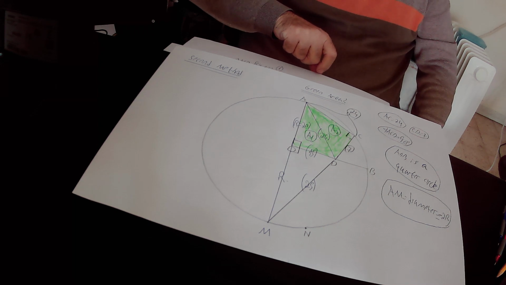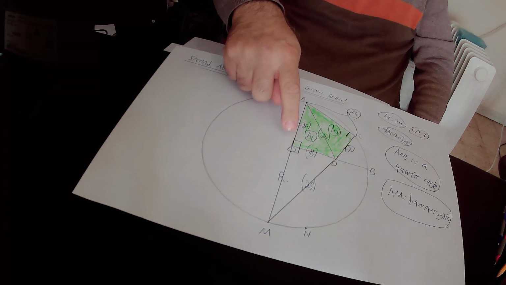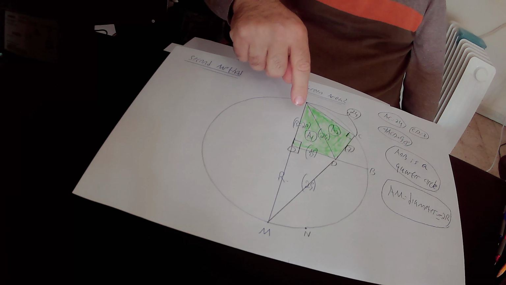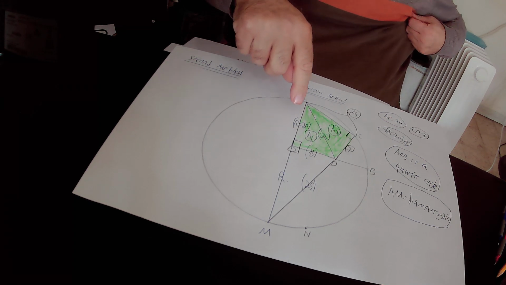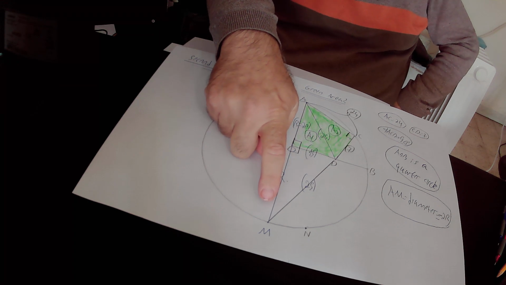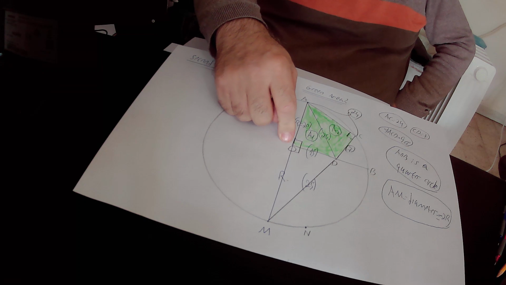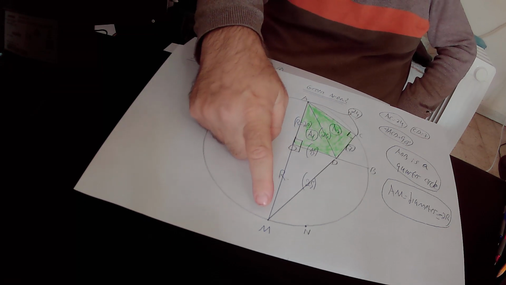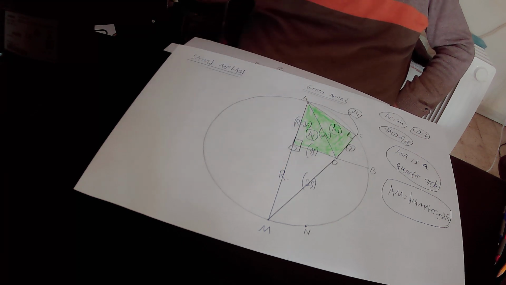Point A is a point of the circle itself, therefore AO is the radius of this circle that we defined as R. Then we extended the radius AO until it touches the circle at point M. Point O is the center of the circle, point M is a point of the circle itself, therefore OM is also the radius of this circle that is equal to R according to our definition.